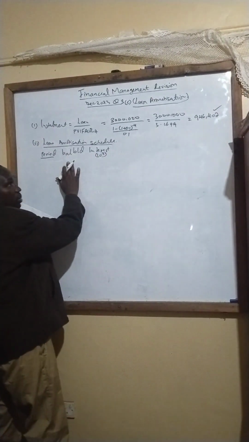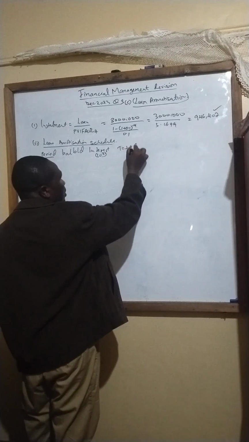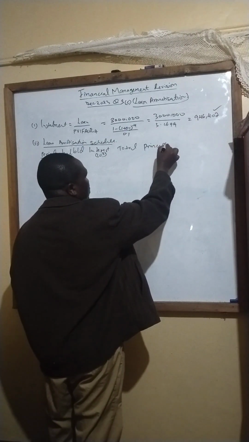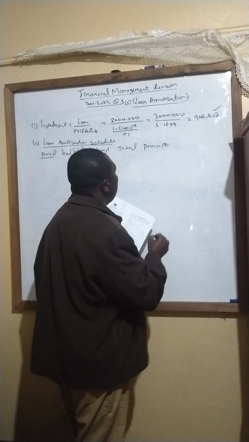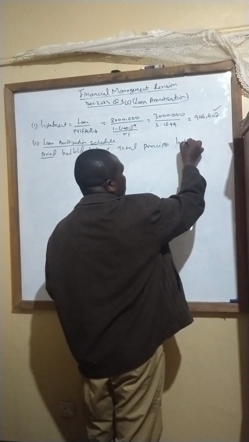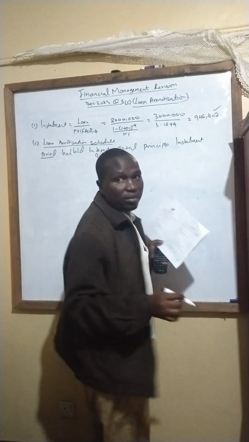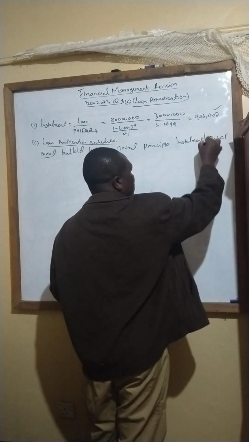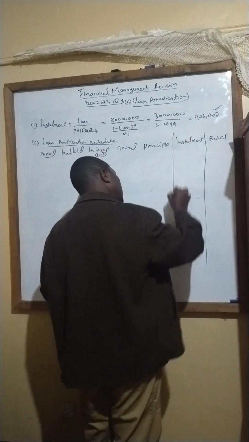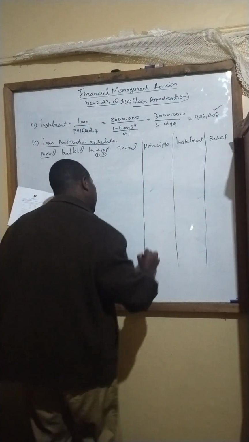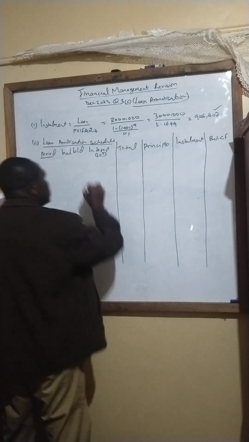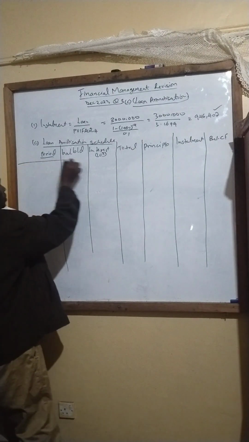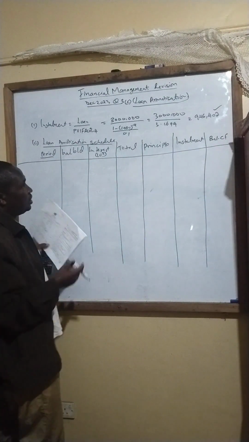Then you add the loan plus interest to get the total. From the total, you'll have the principal. Then from principal, you will have your installment. Then finally, balance carried forward. Very important format. Yes, that is the format.